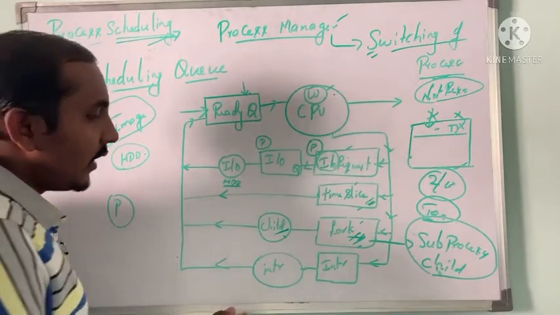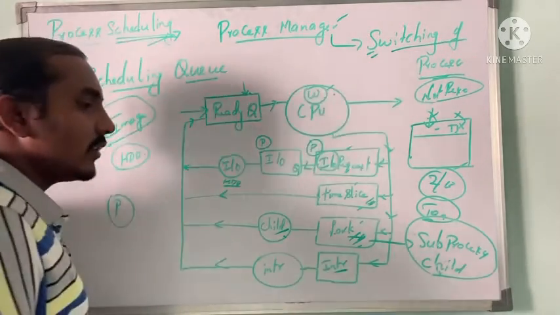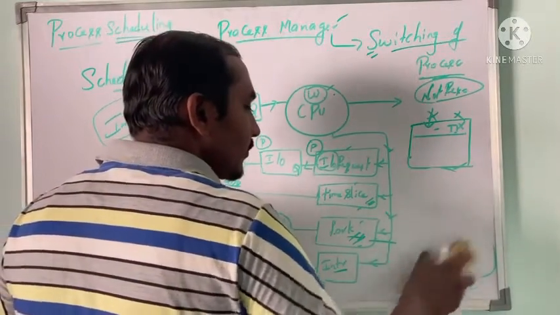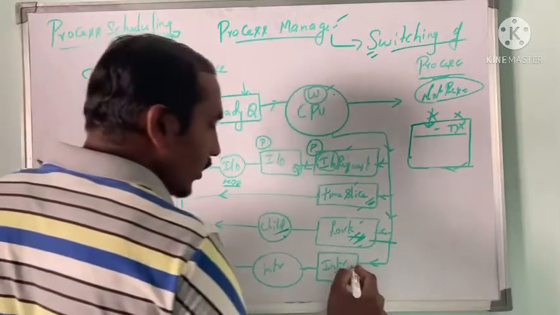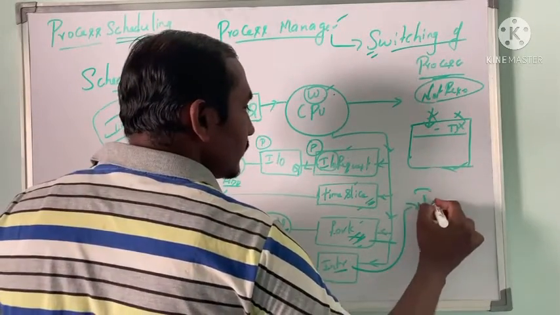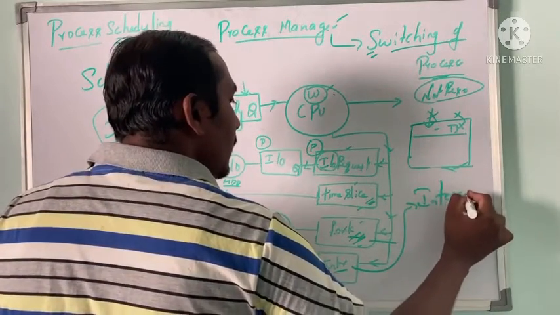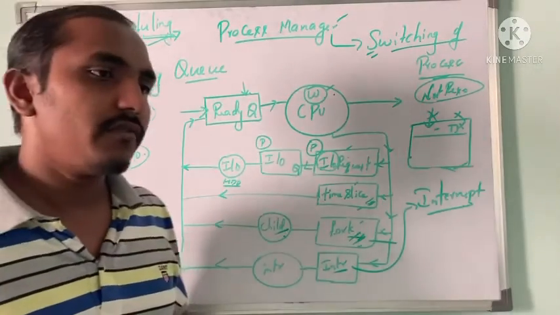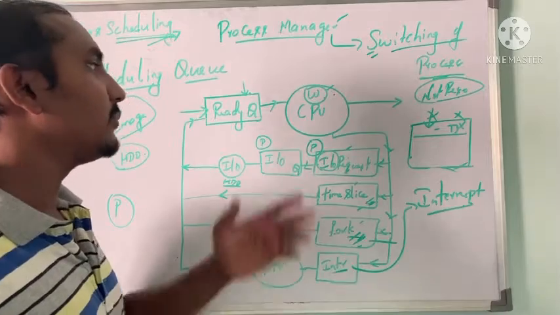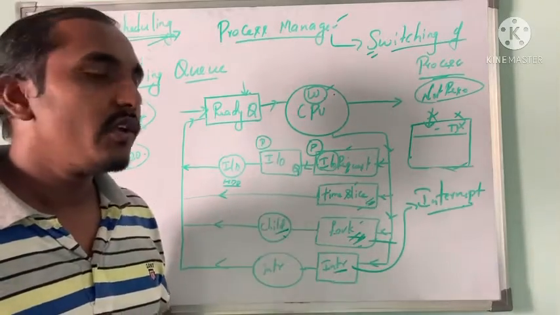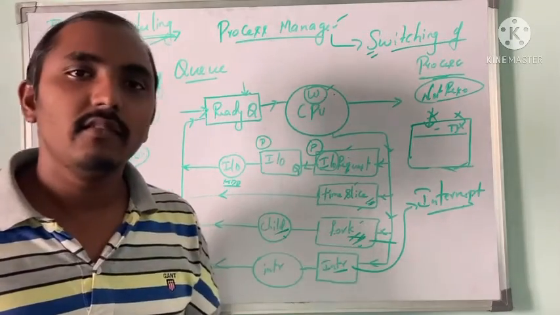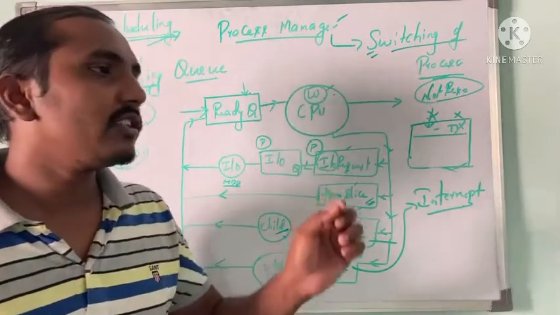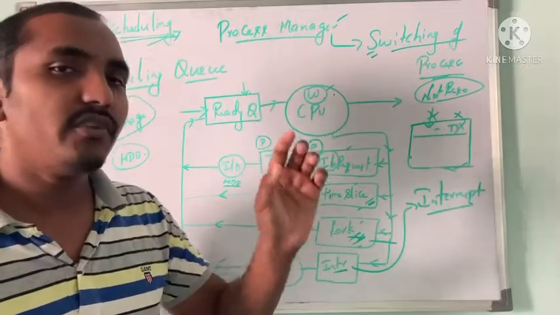Okay. And after that, the last scenario is called an interrupt. So what is an interrupt? Say, for example, you are using the same software, I'll be using MS Word itself. You have plugged in a pen drive. When you plug in a pen drive, you'll get a message saying that a new USB device has been detected, open the file or something like that.